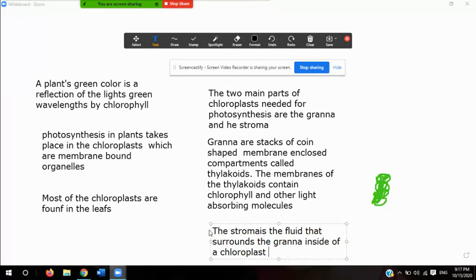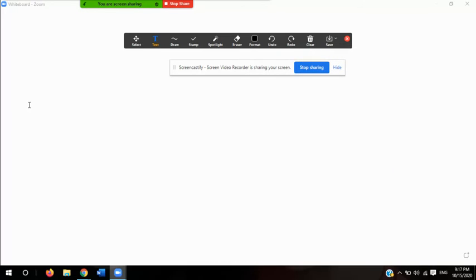And let's start. So let's talk about the light independent reaction. It says it captures energy from the sunlight.